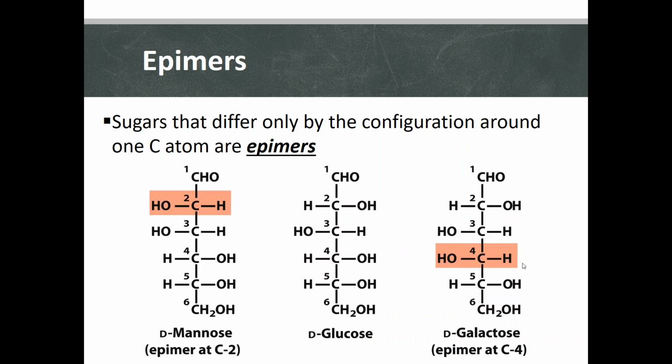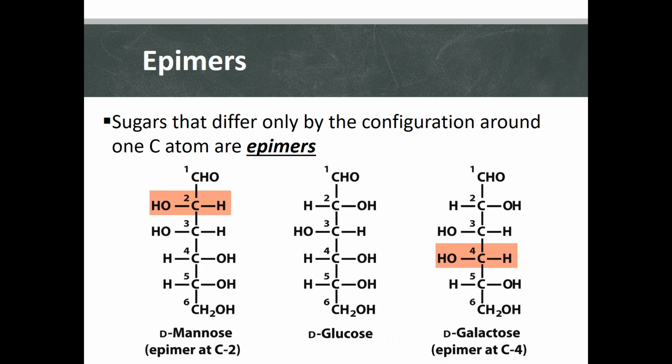In galactose, this is L. And likewise, at carbon 5, they are both of the D configuration, which defines the configuration of the overall molecule. So D-glucose and D-galactose differ in configuration at C4, which makes them C4 epimers.